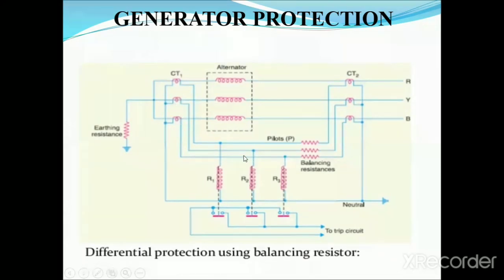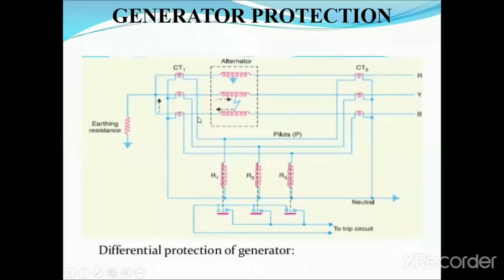If there is any difference between these two CTs, then that relay coil will be operated. Under normal operating conditions, there is no difference between CT1 and CT2. If any abnormal conditions or short circuit conditions are obtained, only in that case there is a difference between CT1 and CT2.